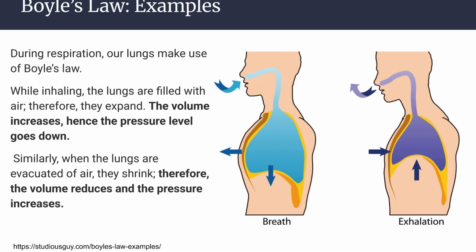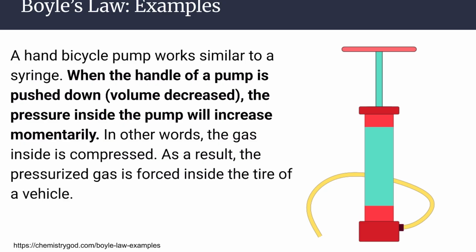So examples of Boyle's law: during respiration, our lungs make use of Boyle's law. When inhaling, the lungs are filled with air, therefore they expand, the volume increases, and so the gas pressure is going to decrease, and then vice versa. Another example is a hand bicycle pump.